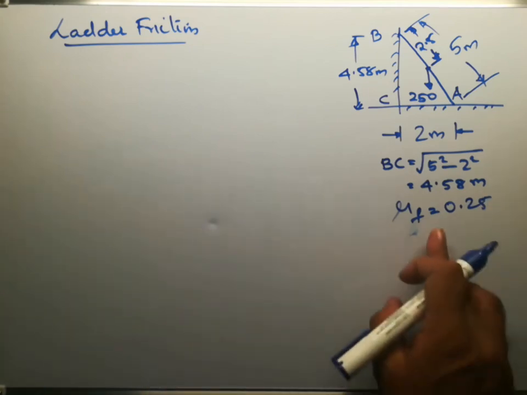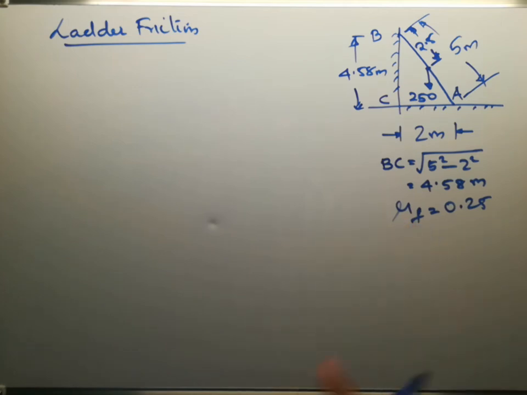Now, we need to show that the ladder will be in equilibrium, or the ladder is not slipping. For that, in two cases the ladder will be in equilibrium.